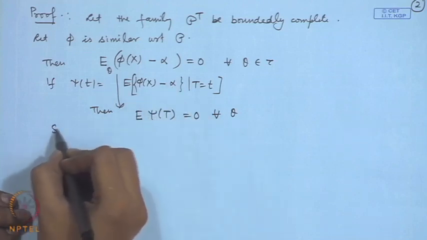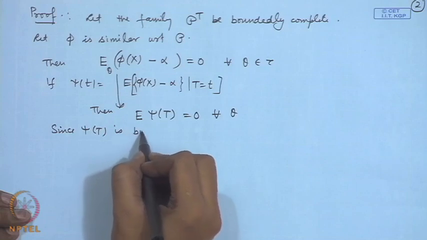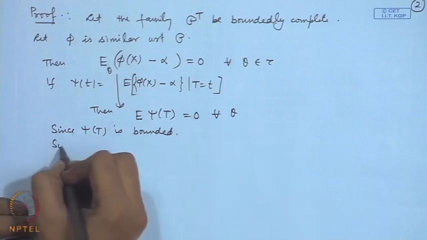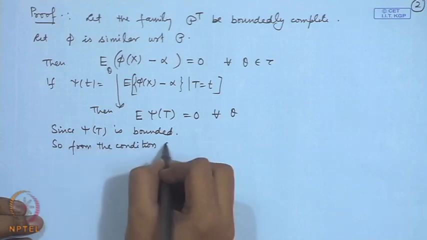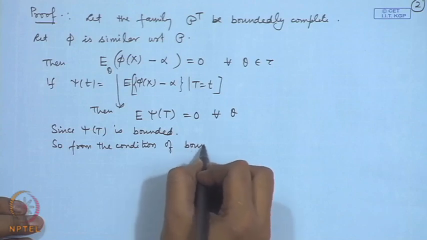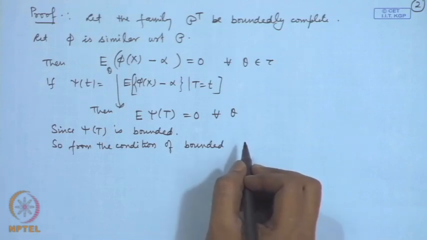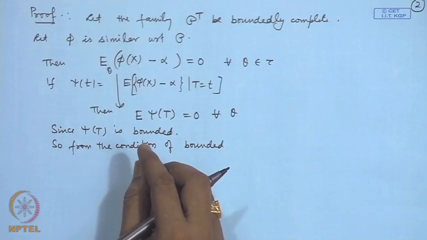So, this ψ(t) is bounded. From the condition of similarity, let me just revise the theorem here, we have β_φ(θ) equal to α, that was equal to expectation of φ(X) equal to α.